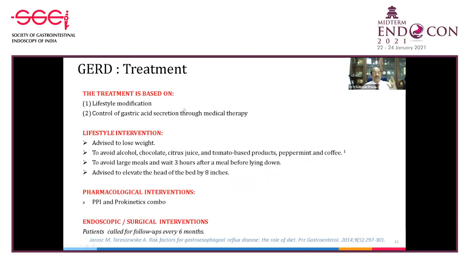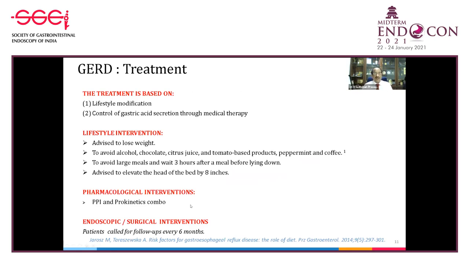So, starting with lifestyle modification and control of gastric acid secretion and egress into the esophagus are the paramount components of medical therapy. You all know the lifestyle intervention and pharmacologic therapy. I would use a PPI-prokinetic combination rather than just the PPI, especially in the Indian scenario with the high spices and masala items that we use.